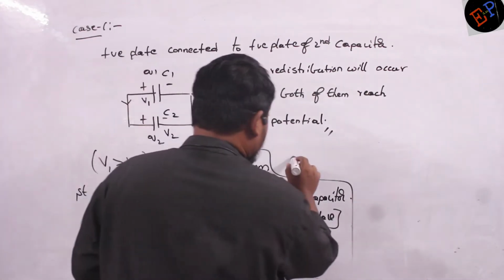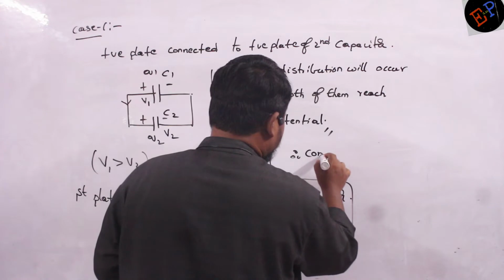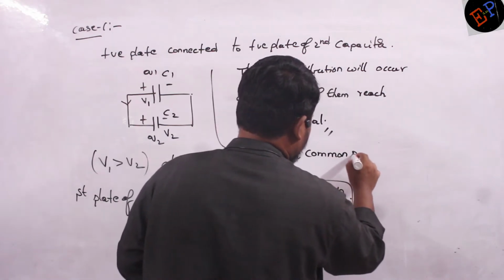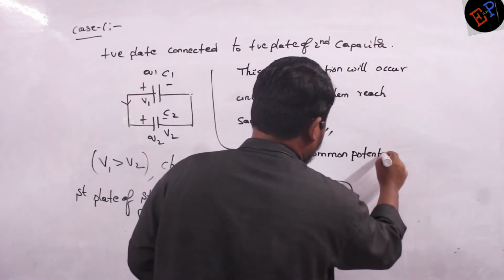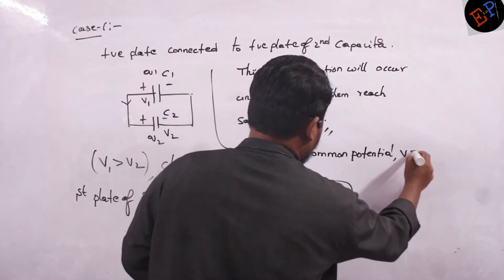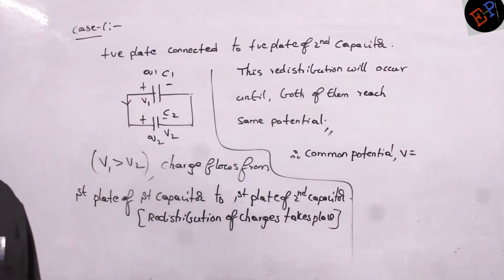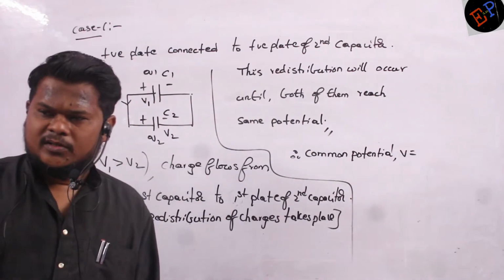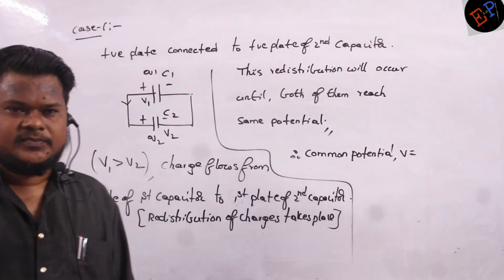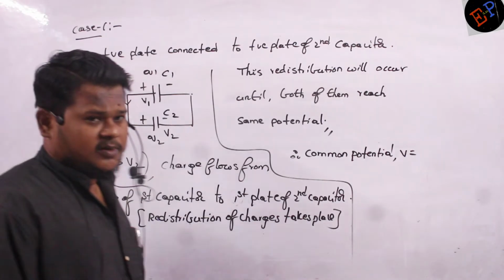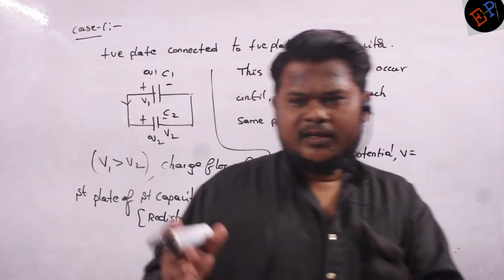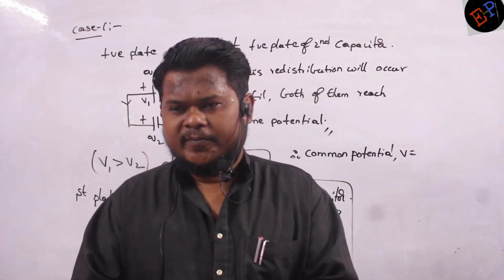So how can I calculate the common potential? What is the common potential present on both capacitors? How can I calculate that common potential?